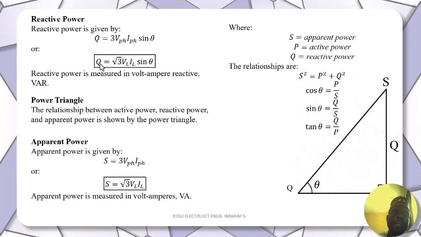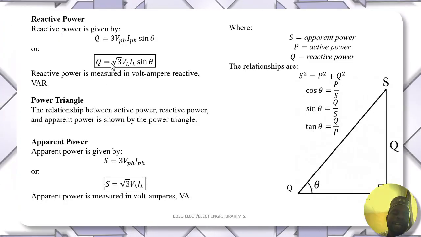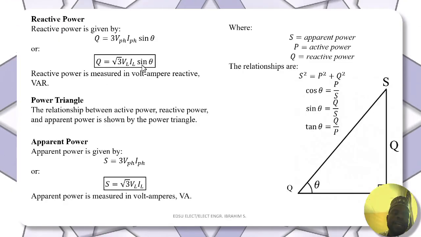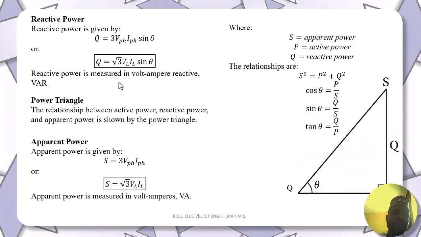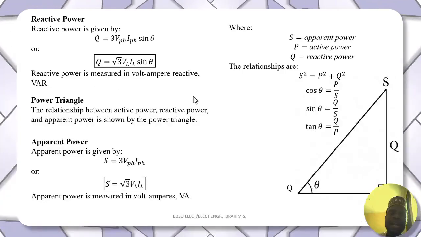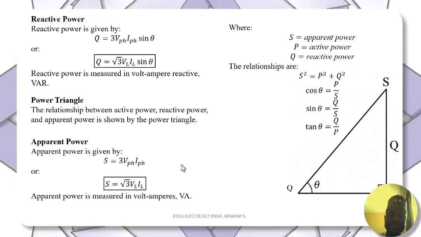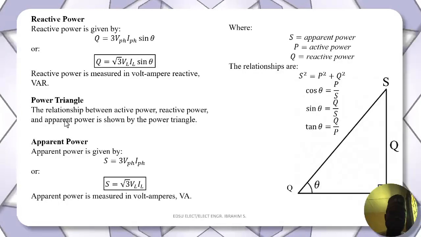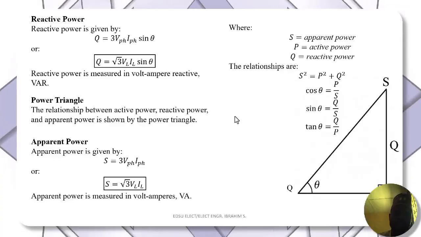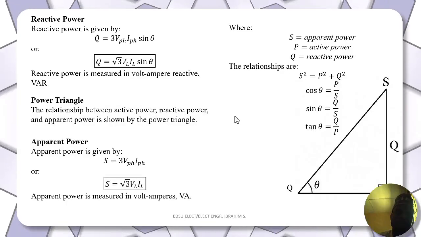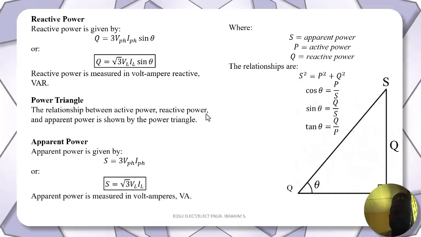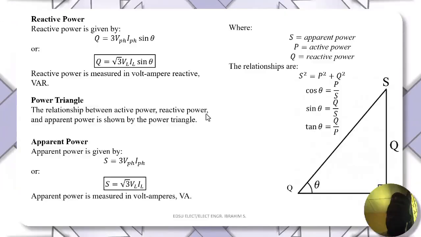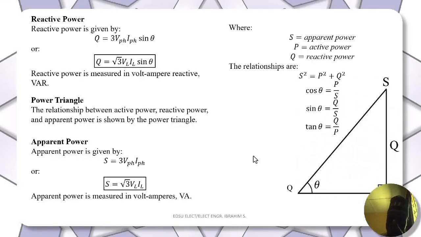Which means my Q, my reactive power at the line, is root 3 VL IL sine theta. The reactive power is measured in volt ampere reactive. From our power triangle, normally the power triangle shows the relationship between our active power, reactive power, and apparent power, which is shown here.